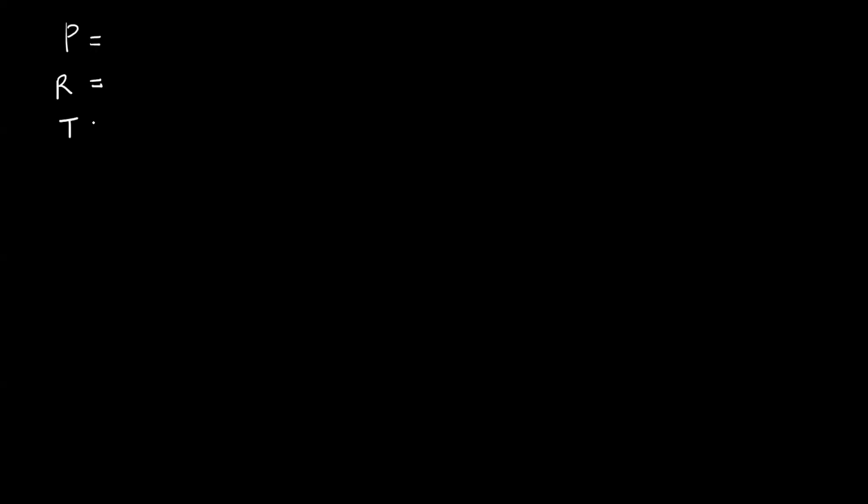And they give you T, for how many years we are going to deposit. So P is the money that we are putting in, R is the rate of interest that you're going to get back, and T is the number of years or the time.